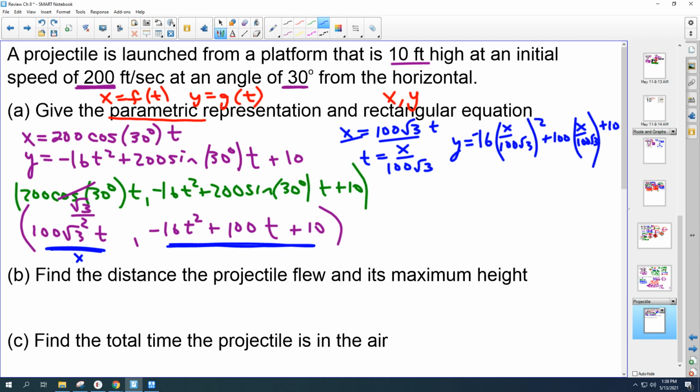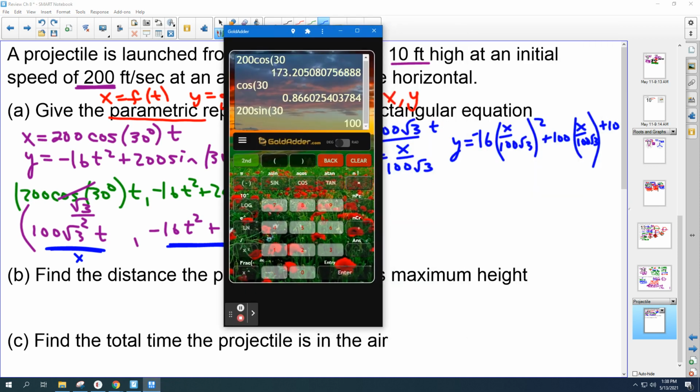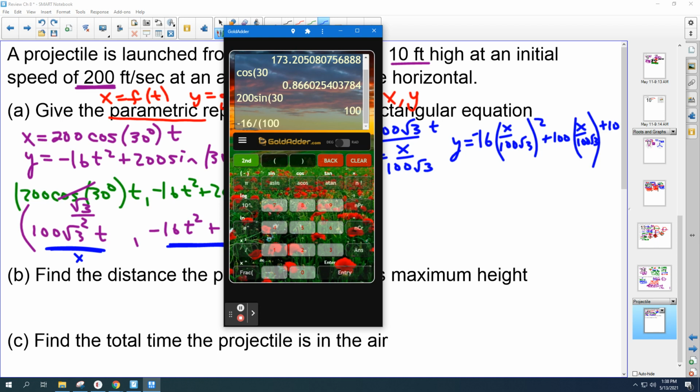And so I'm just going to clean up that equation. The first part with the x squared, I've got negative 16 divided by, actually I need to put this in parentheses, 100 square root of 3, and I'm going to square that.